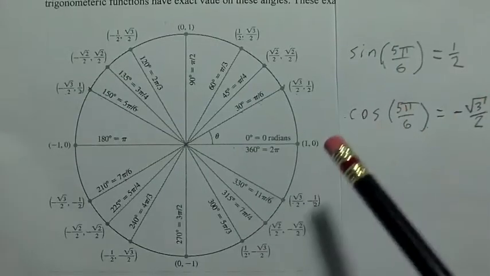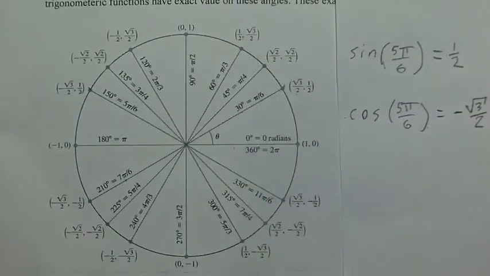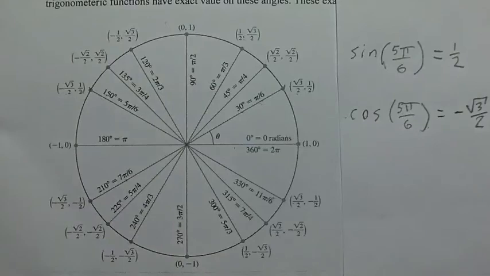So if we know the first quadrant, we can find sine or cosine of pretty much any other angle. We just have to be aware of what quadrant we're in.